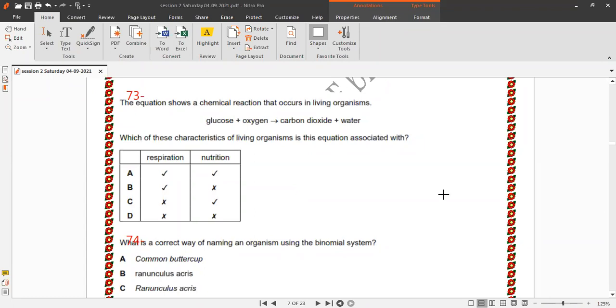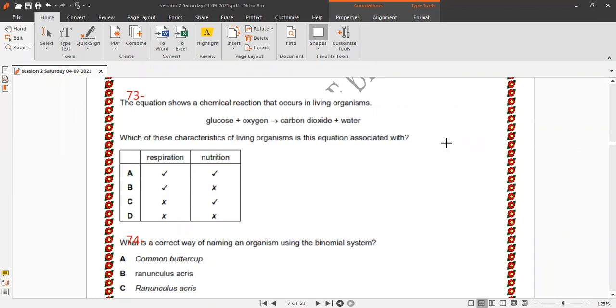Okay, Khalid. The equation shows a chemical reaction that occurs in living organisms: glucose plus oxygen equals carbon dioxide plus water.